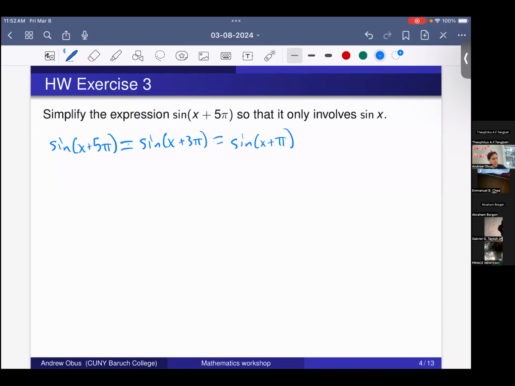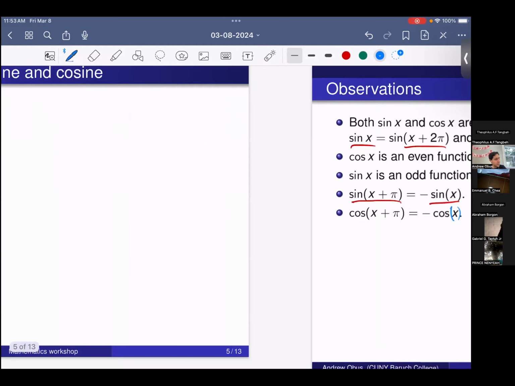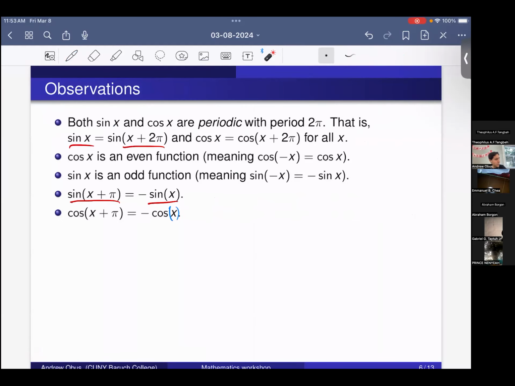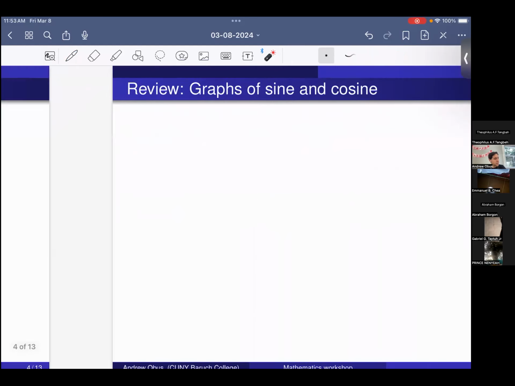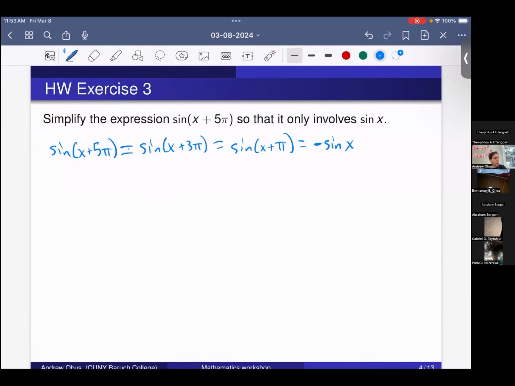Lastly, sine of x plus pi is equal to minus sine of x. This is the other property of sine over here: when we add pi to it, it negates the function. So sine of x plus 5 pi, written without adding or subtracting any angles, is just equal to minus sine of x.